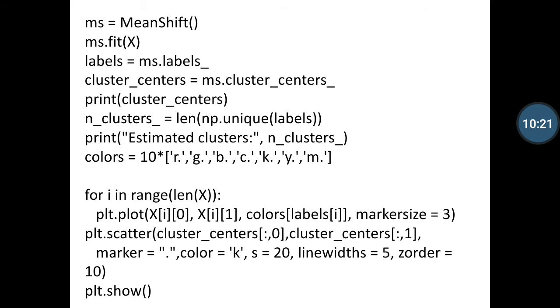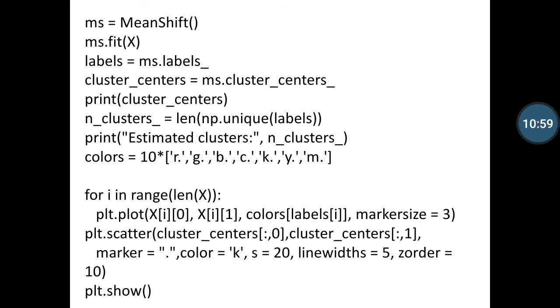So first of all, I create a variable ms equal to the mean shift method, and then I fit the values in ms. So I put here ms.fit with the argument x, and labels is equal to ms.labels_, cluster_centers_ is equal to ms.cluster_centers_. Those are the values defined in mean shift.